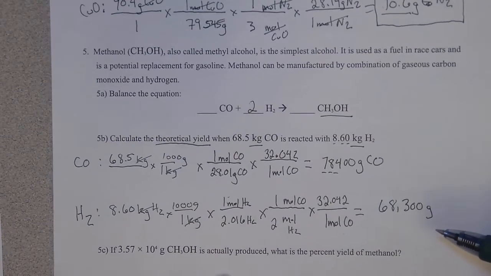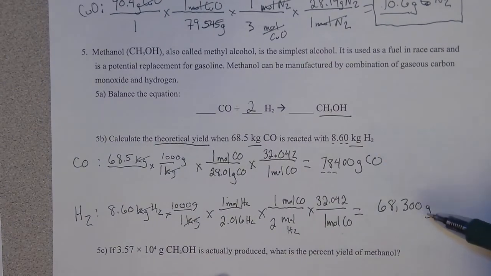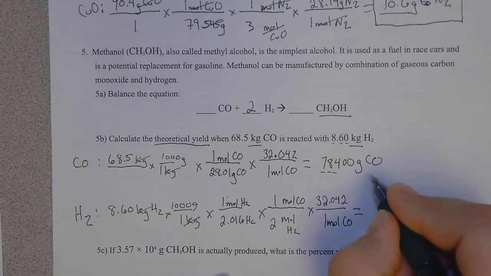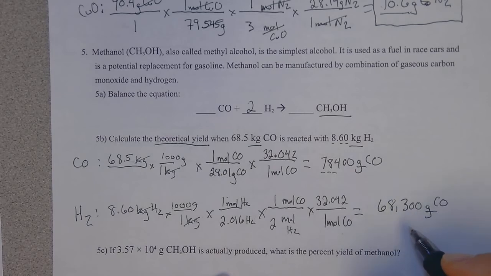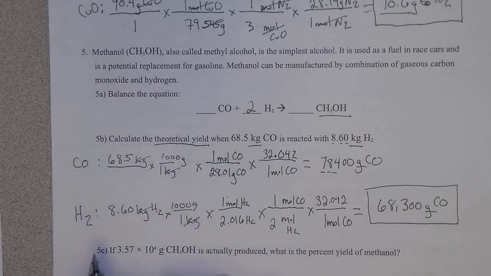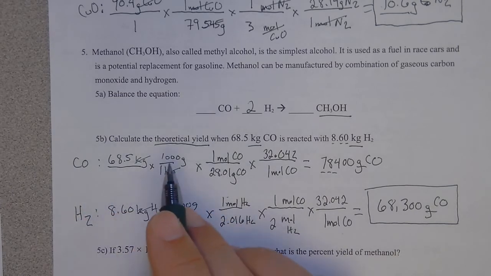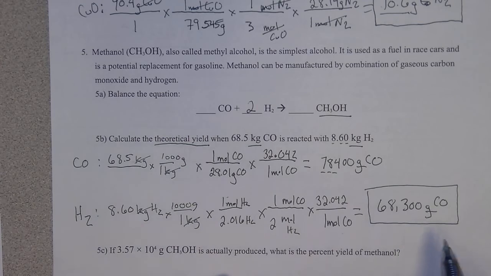Okay? So a couple things. Before we do any more converting, these numbers are grams of CO. These are both in grams, both of CO. So now I can compare these, which means this is my lower number, which means H2 is my limiting reactant. So the question is calculate the theoretical yield, which is this right here.